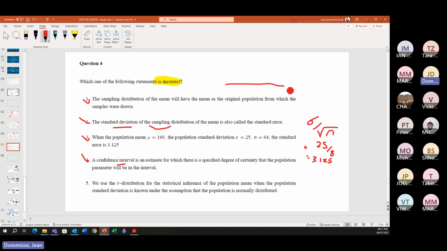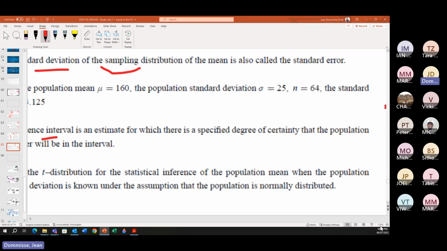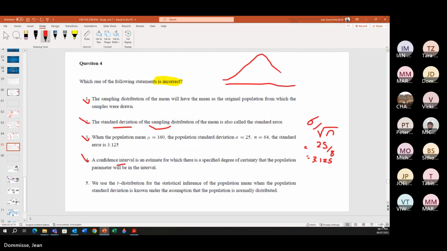So let me quickly, when we look at this diagram that I nearly draw each time, if that is your mean of 0, remember that is a parameter. If we go back to study unit 1, it feels like ages ago when we looked at population parameters.